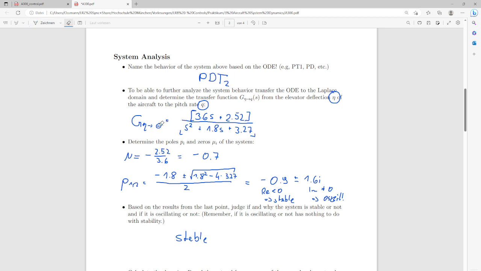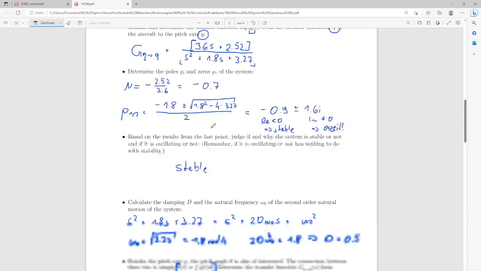I'm quite sorry about this one here. This needs to go theta q, right? So we are asked for the pitch rate q. But if we want to know how we actually get to the transfer function from our elevator deflection to not q but theta, we simply need to integrate this transfer function, right?